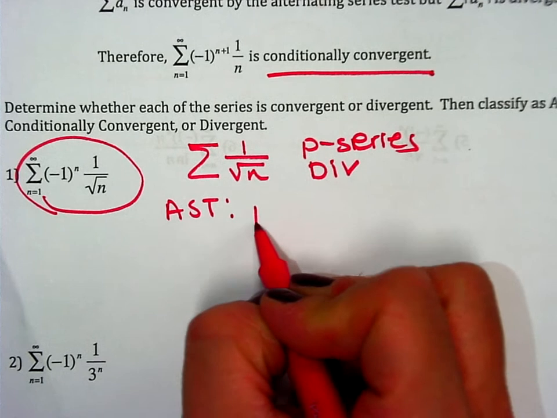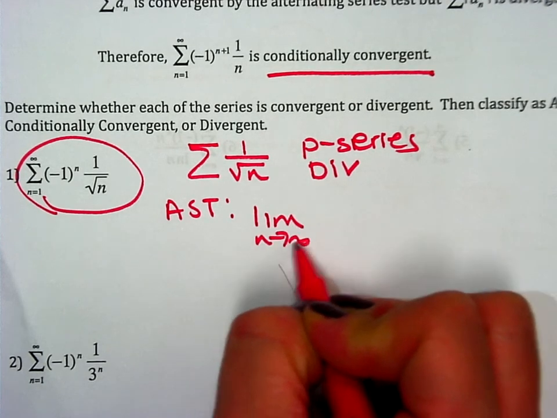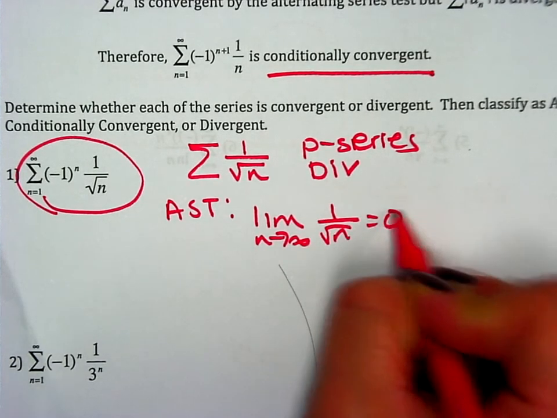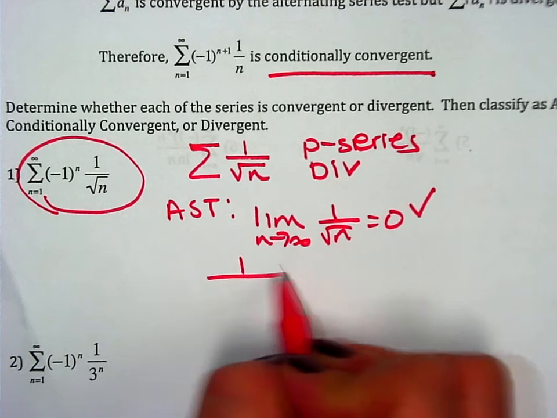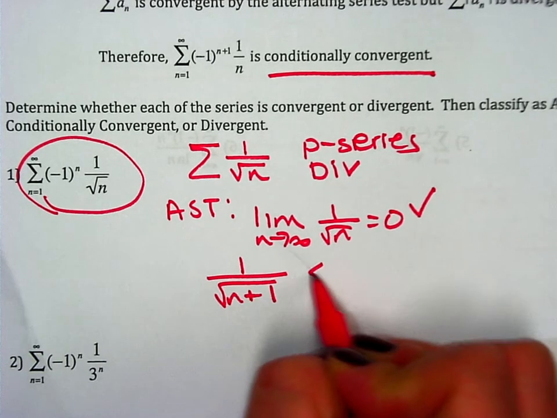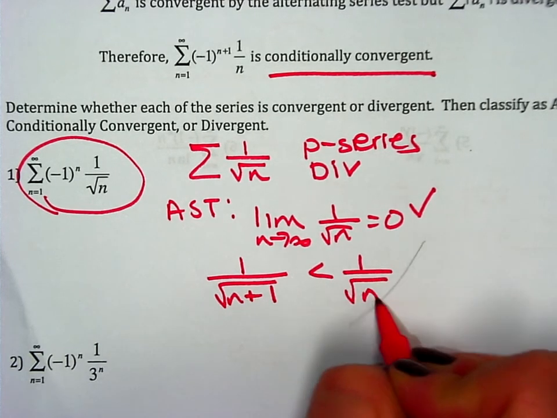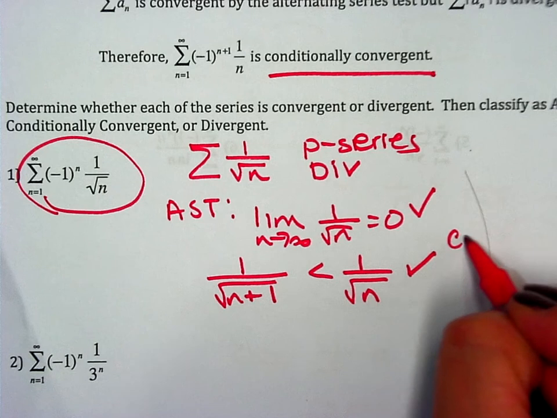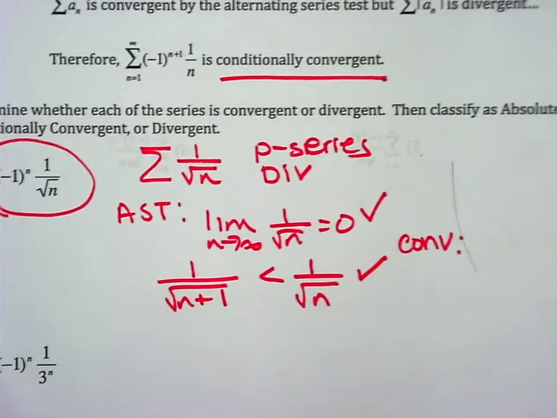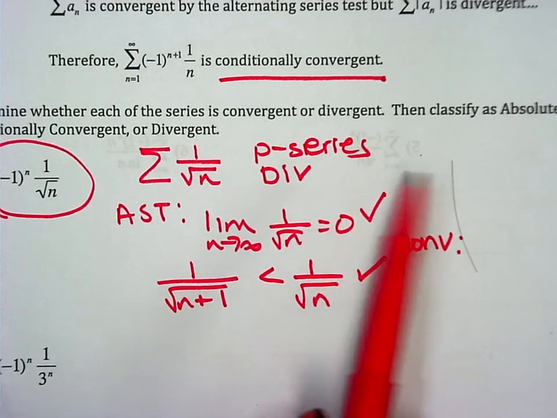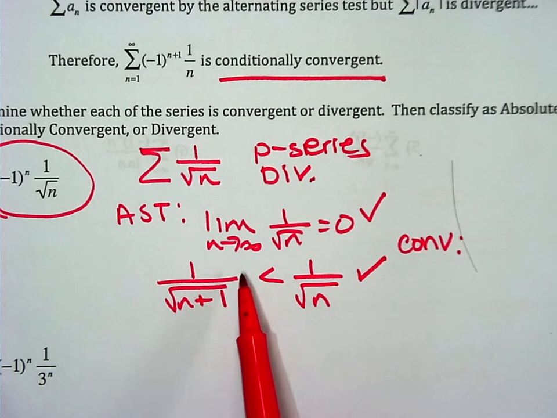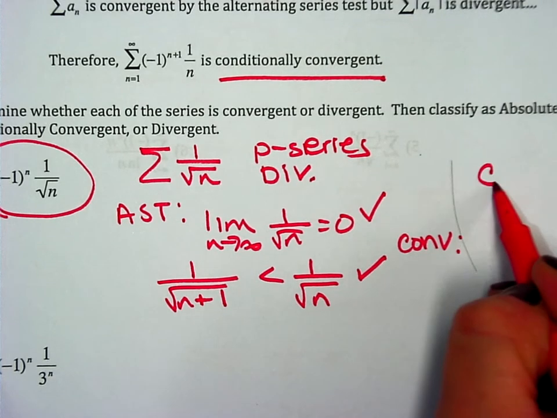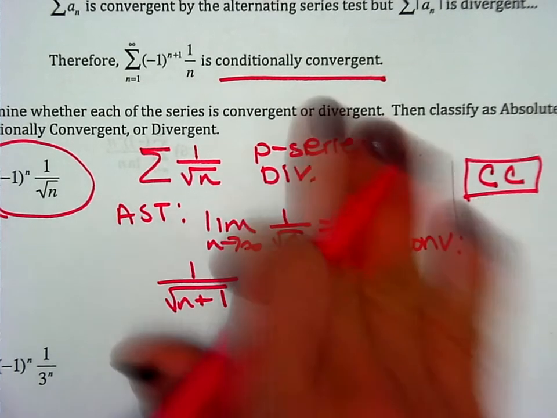Is it true that the limit of the general term is equal to 0? Yes. Is it also true that the n plus first term is less than or it could be equal to the nth term? Yes. So I can say the series itself converges. So if the absolute value diverges but the series converges, we call it conditionally convergent, and I'm going to call it CC for short.